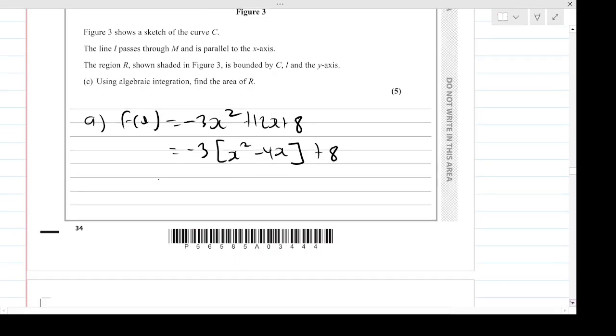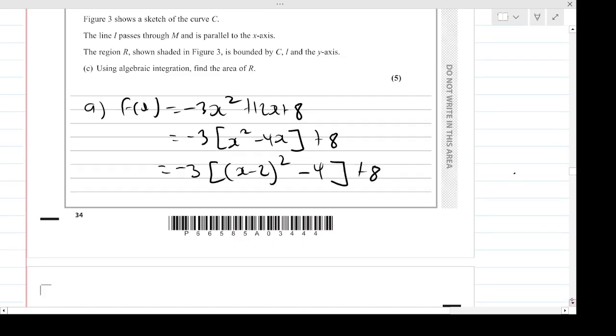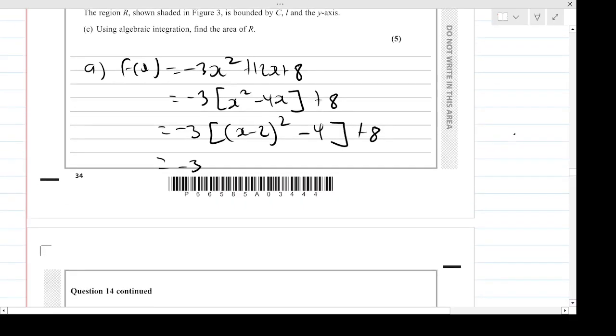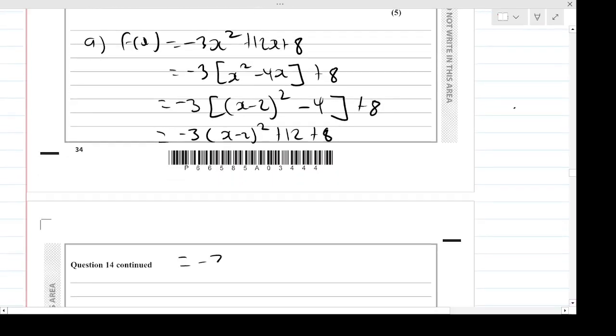So minus 3, then inside here that's going to be x, then a half of minus 4 is minus 2, all squared. Then take away 2 squared is 4, so take away 4. Then we add the 8 outside. Then we can expand. So that's minus 3 of x minus 2 squared, minus 3 times minus 4 is plus 12, plus the 8. Then lastly, that is minus 3 of x minus 2 all squared, add 20. And that is in the form there.